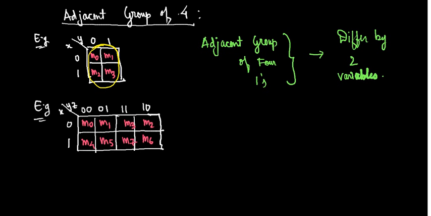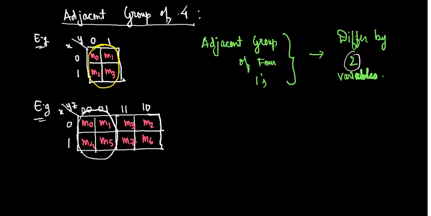Go minterm by minterm and form groups of 4s. This M0 can be combined in what fashion so that it forms a group of 4? Can I combine like this? See, by what variables they differ? From one column to another, X remains constant, Y remains constant, Z is differed, right? That is one variable along the column. Along the row also another variable.